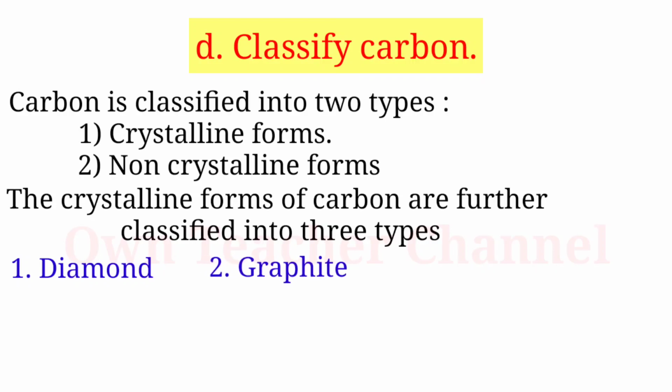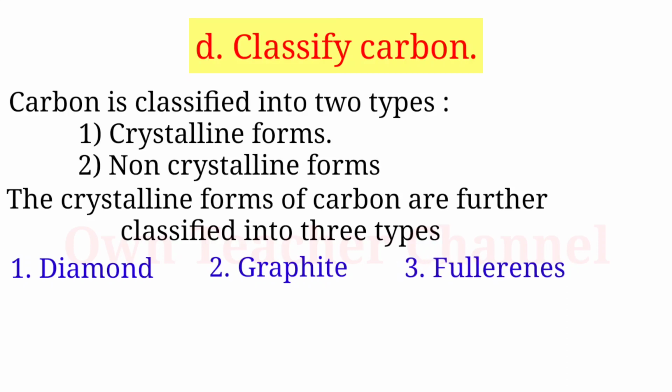2. Graphite. Graphite found in nature is black, soft, brittle, and slippery. A graphite crystal is made of many layers of carbon atoms which slip over one another on applying pressure. Graphite is a good conductor of electricity. 3.